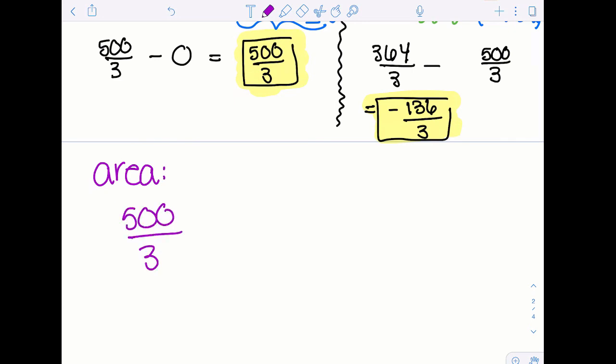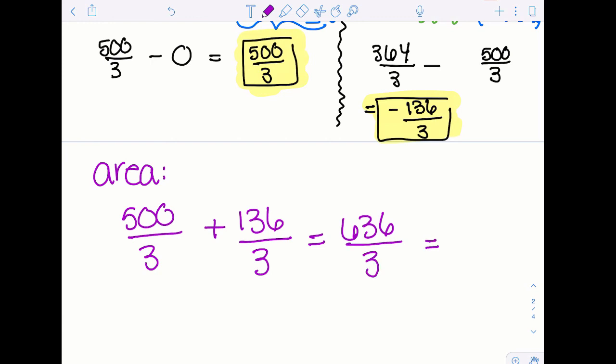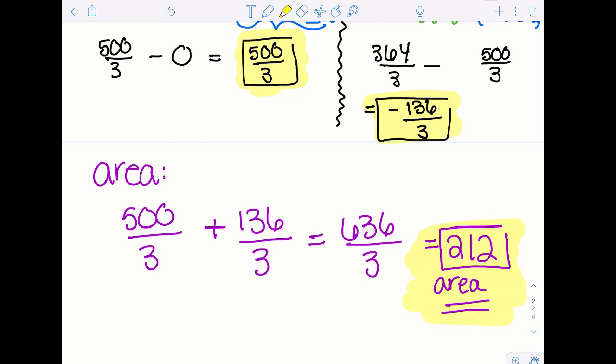To do that, we're going to do 500 over 3, but then we're going to add, because we're changing the negative 136 over 3 to positive 136 over 3. The answer for this problem is 212 square units.